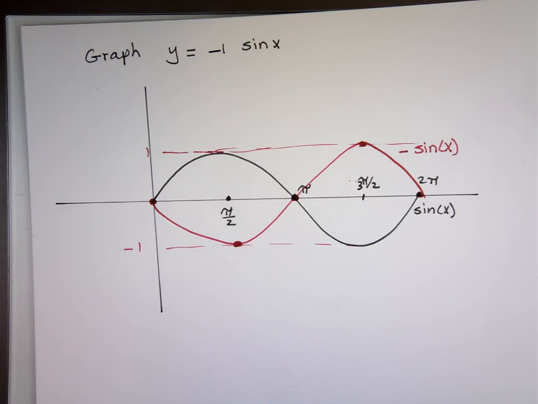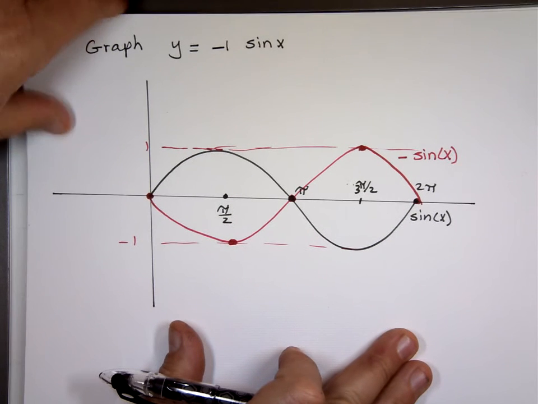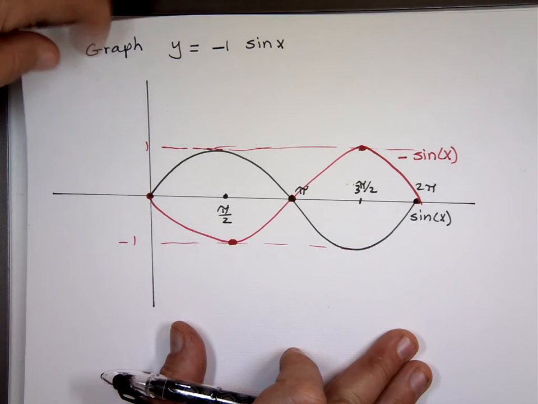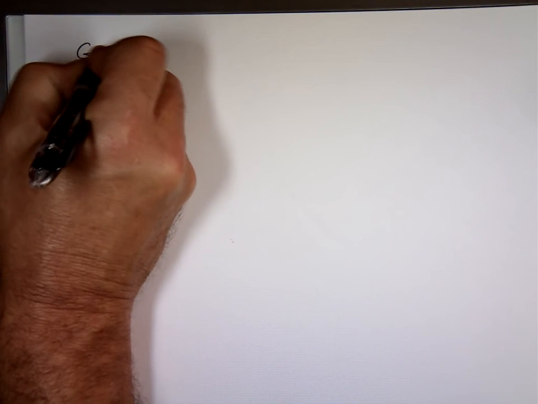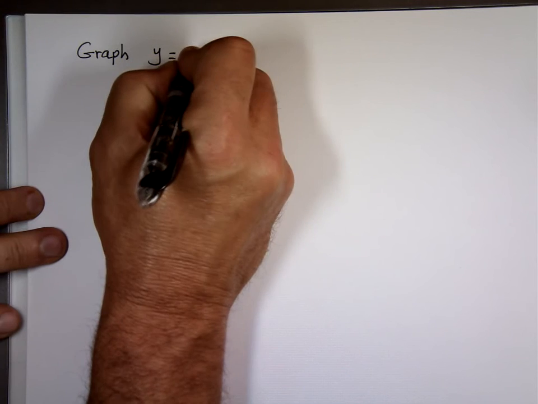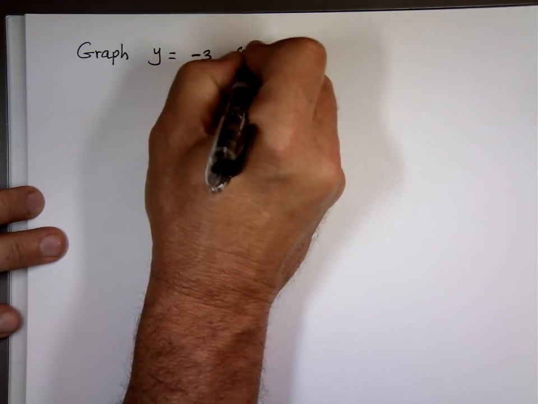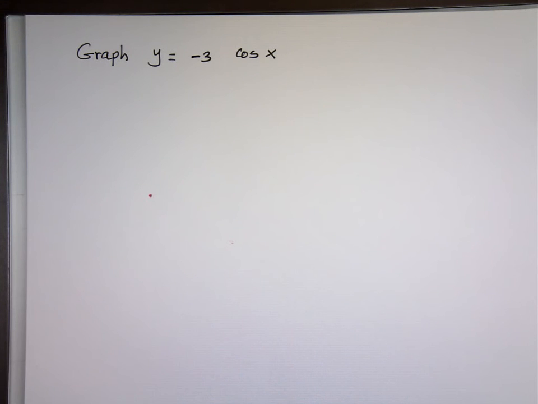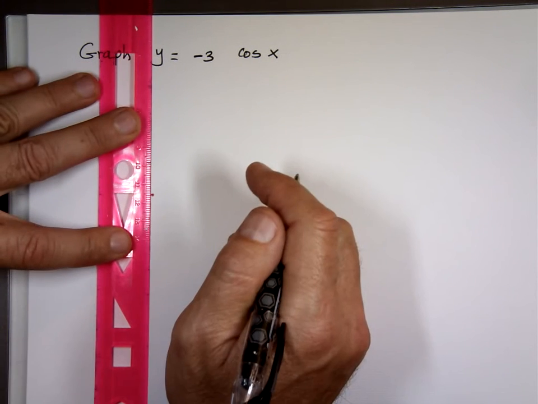I'll do one more, then I'm done with this section and this video. Let's graph y equals negative 3 cosine x. Negative 3. Let me start with the cosine.